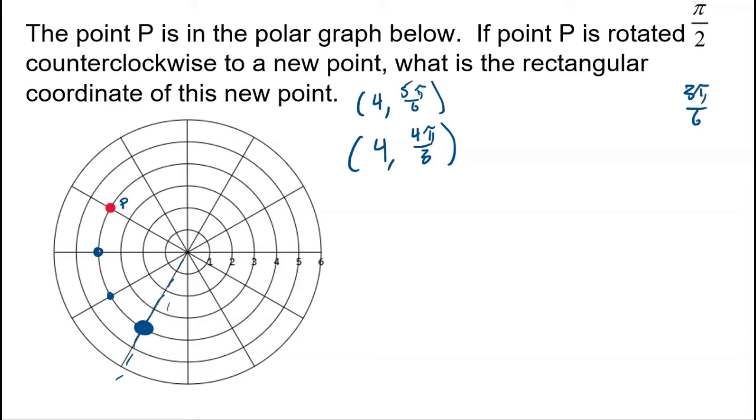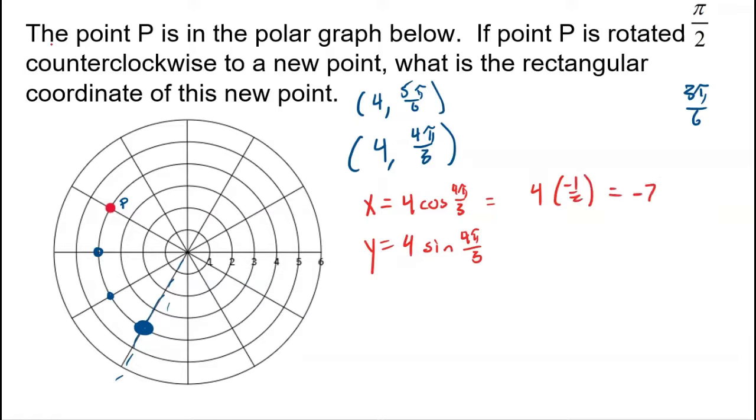All right, so now that I determined where that new point is as a polar coordinate, I have to convert it to rectangular coordinates using x equals r, 4, times cosine of 4 pi over 3, and y is going to be 4 times sine of 4 pi over 3. Cosine of 4 pi over 3 is negative 1/2. So 4 times negative 1/2 is negative 2 for my x-coordinate.